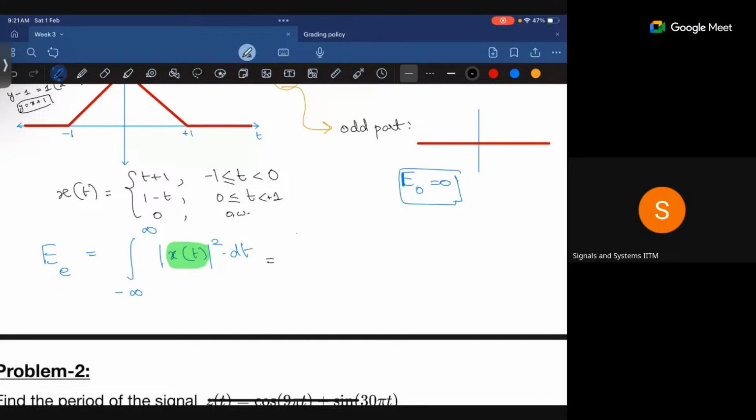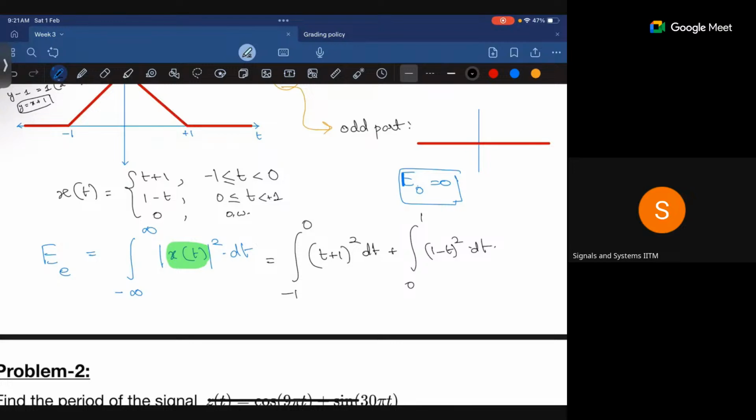We will ignore the 0 part because the integral of 0 is 0. So this will be down to minus 1 to plus 1. I am just splitting it into 2 because my x of t is different in those two intervals. So integral from minus 1 to 0 of (t plus 1) whole square dt, plus integral from 0 to 1 of (1 minus t) whole square dt.